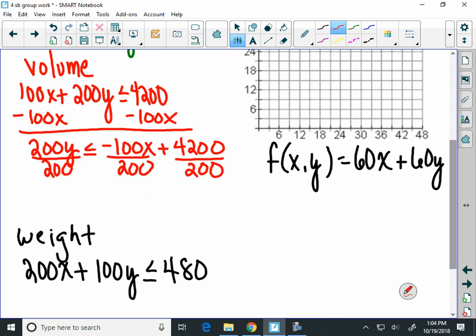And we have y is less than or equal to negative 1/2 x. Remember your calculator will simplify that for you. Plus 21. And from that, I'm going to try to squeeze it in here now that I had to write it vertically instead of horizontally. From that, we can identify that our y-intercept is 21, and our slope is negative 1/2.